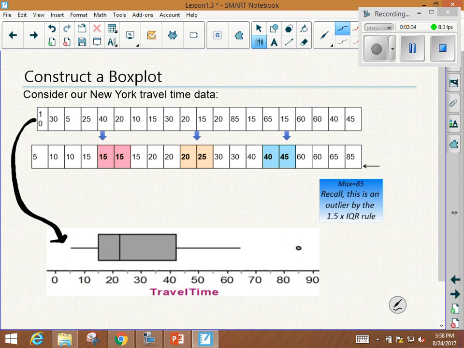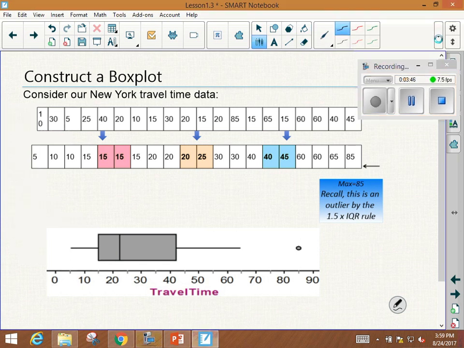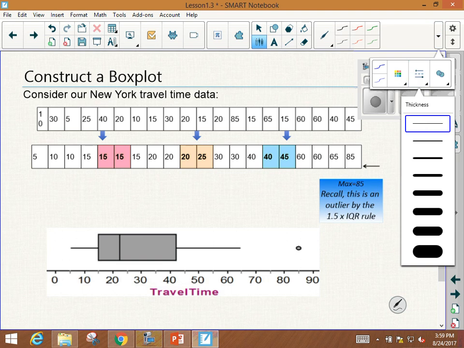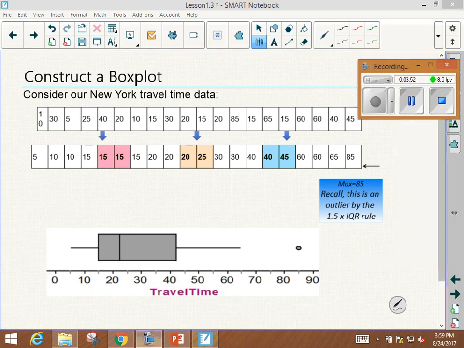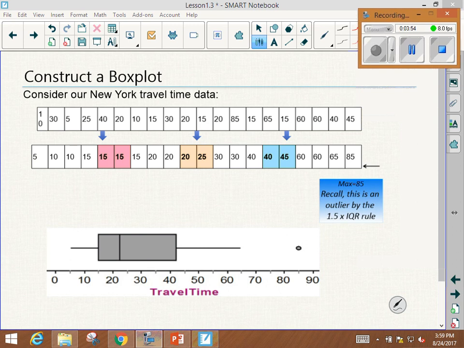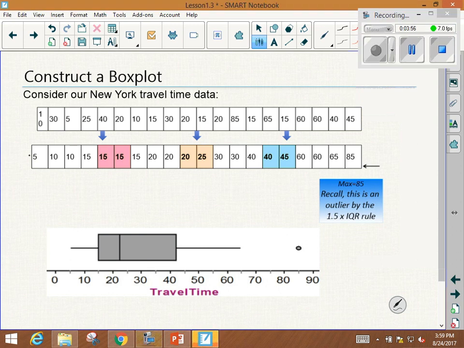That minimum is not 10. I drew the arrow from the wrong spot. Our new minimum should be 5, right? Okay. So here we go. There's our min.